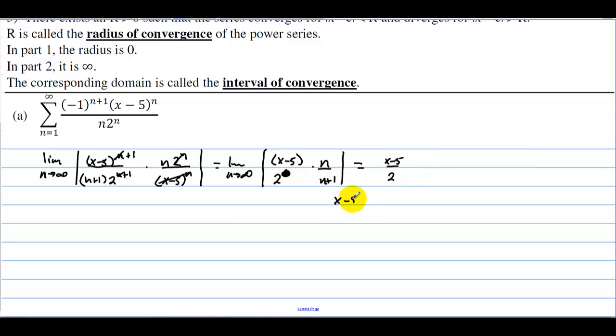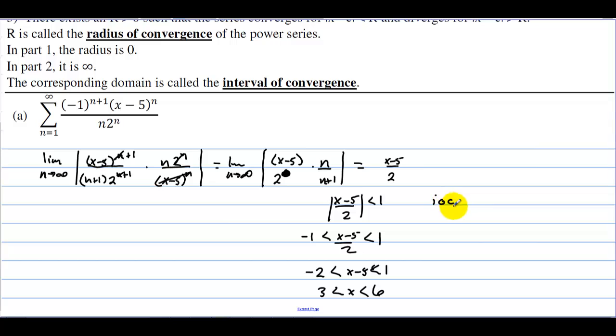Now this is going to converge as long as the absolute value of x minus 5 over 2 is less than 1. So negative 1 is less than x minus 5 over 2 is less than 1. Let's multiply by 2. Negative 2 is less than x minus 5 is less than 2. And then when we add 5, we have 3 is less than x is less than 7.